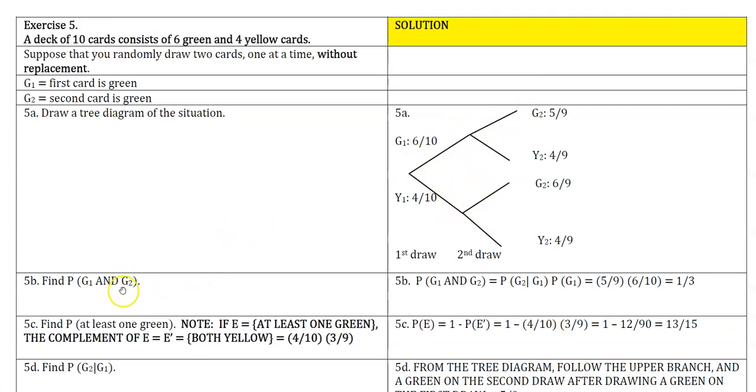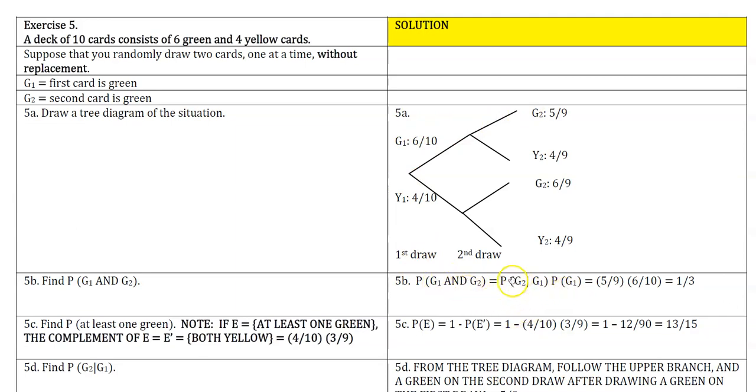So let's calculate this path here, the probability of G1, that is a green on the first draw, and a green on the second draw. That's just this top branch up here. And we simply now calculate this joint probability using conditional probabilities here.